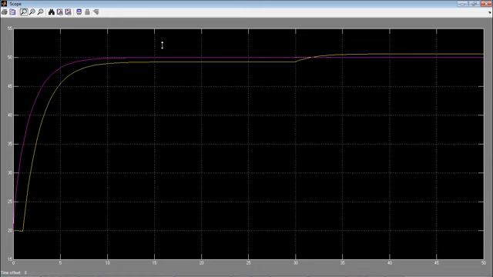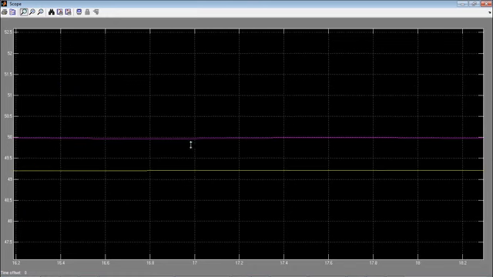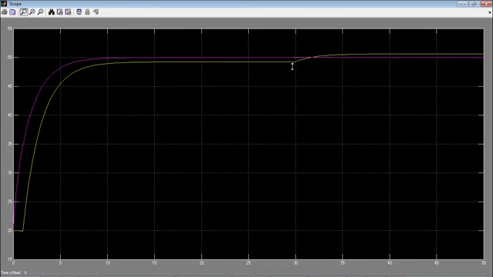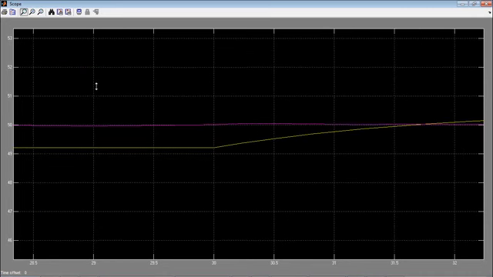The uncontrolled system can't reach that value, and after the perturbation it even maintains a higher value, whereas the control system keeps a very steady value, and the perturbation over here at 30 seconds is not felt at almost all.